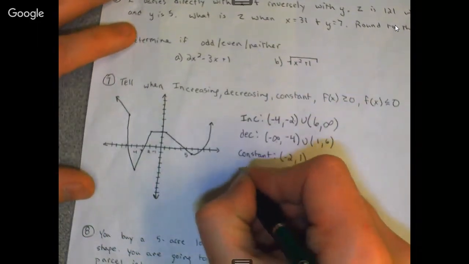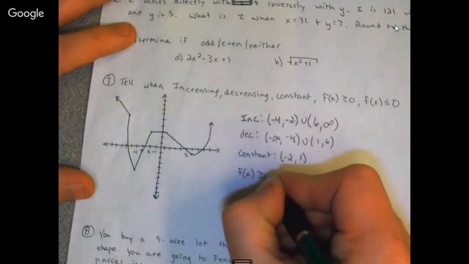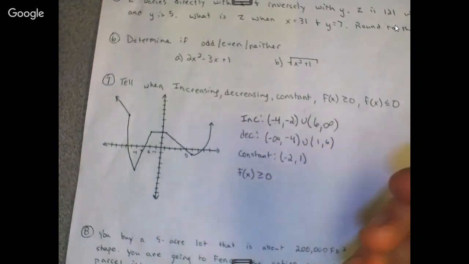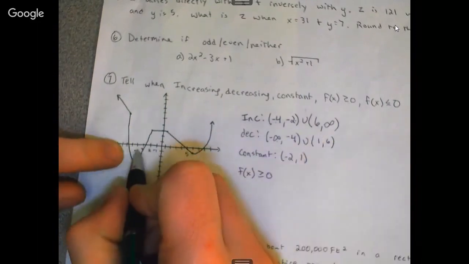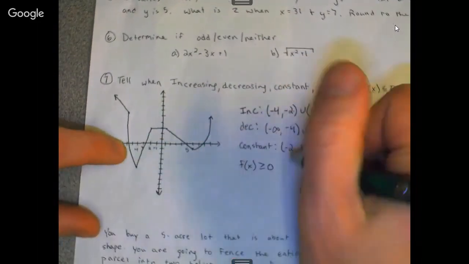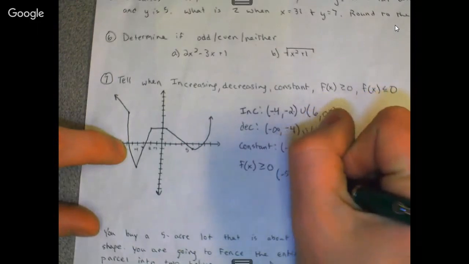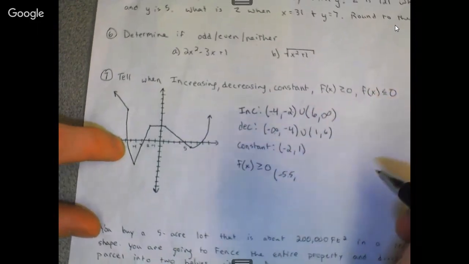So f of x greater than or equal to 0. So that is, when is it above the x-axis? Okay, so 4, 5, maybe 5.5, -5.5.